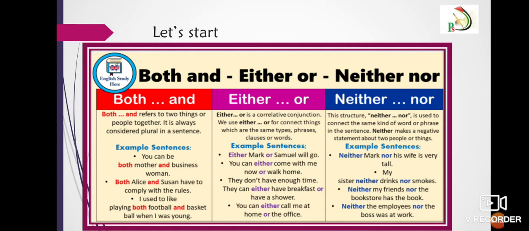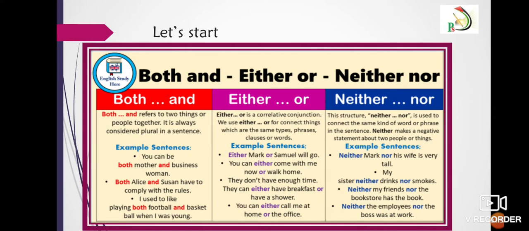We use both and for two things which are important and which are being used at the same time. There's no choice. So both and together. For example, I have both a villa and a fast car. So these two things belong to me. I have both.